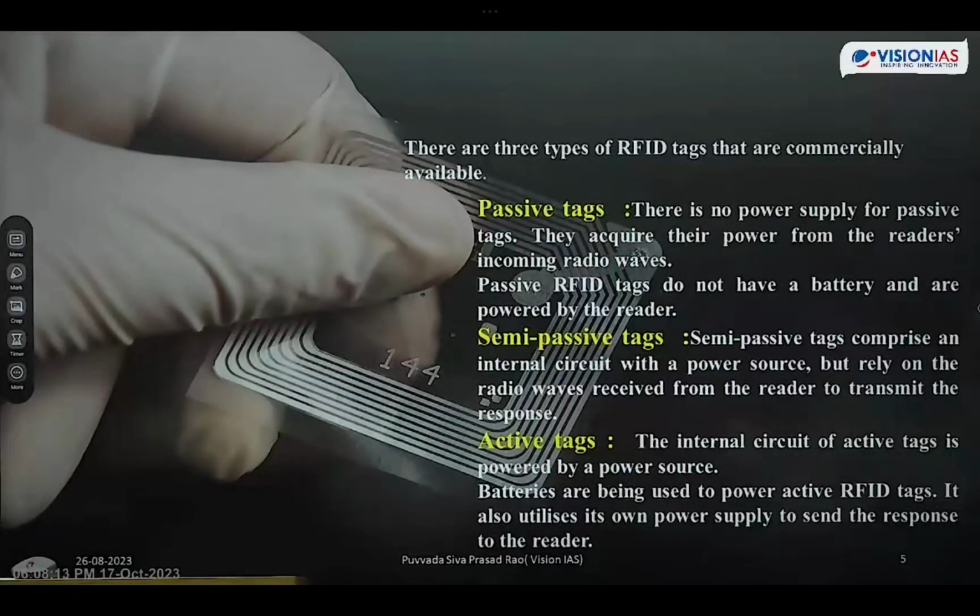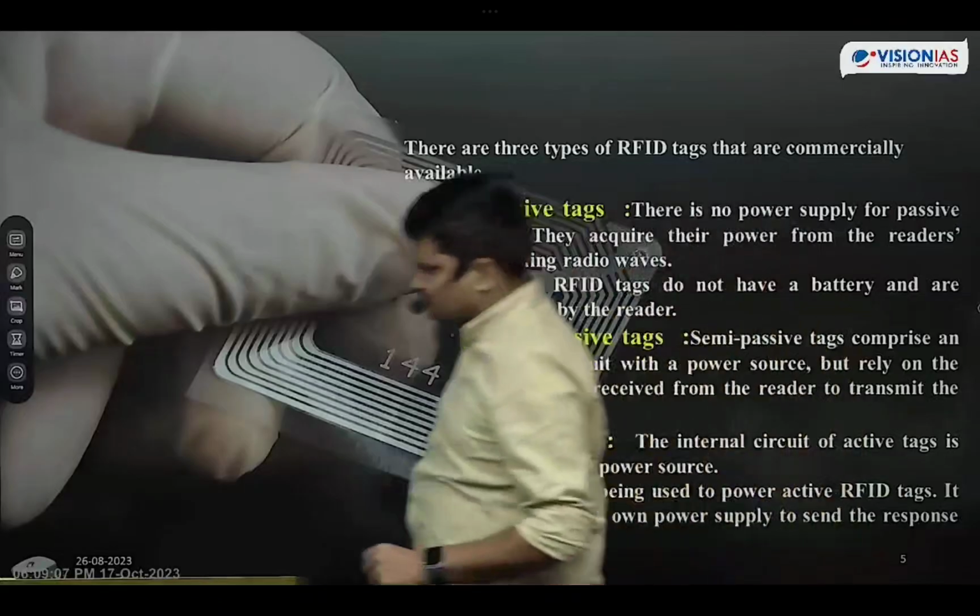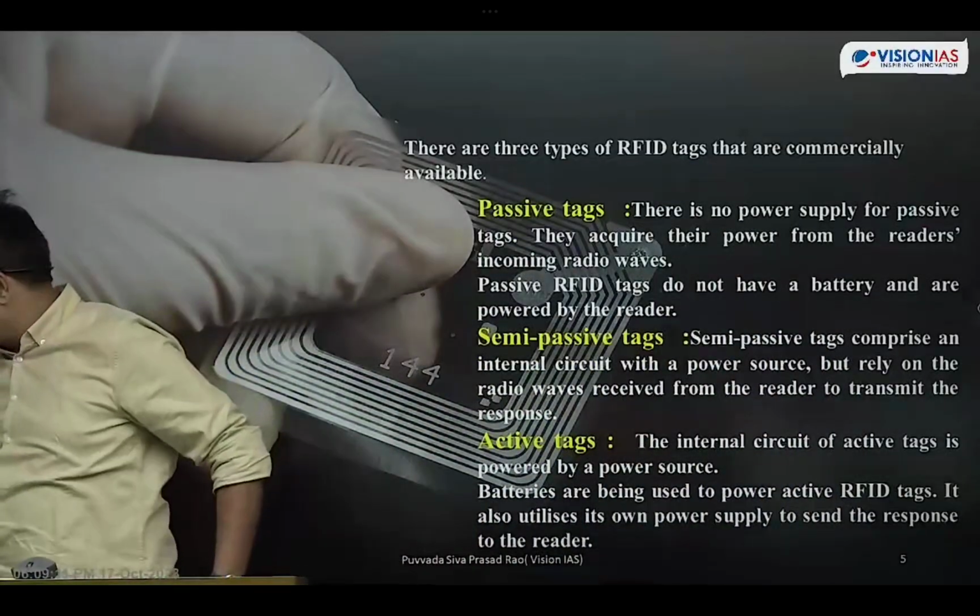A semi-passive tag comprises an internal circuit with a power source, but relies on radio waves received from the reader to transmit the response. That is what the three types of tags are.